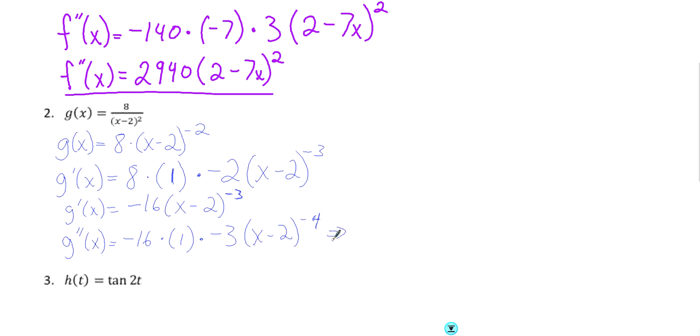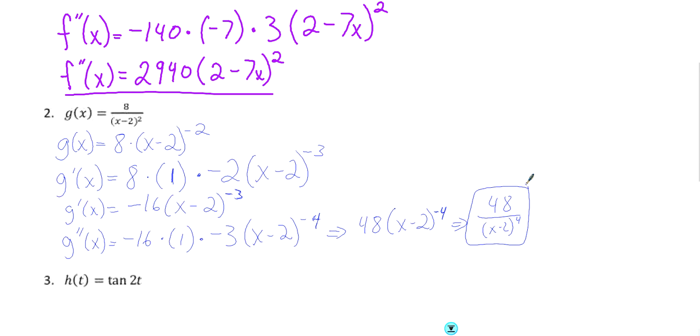And then we're going to simplify this by multiplying the negative 16 times 1 times negative 3. So you get 48 times x minus 2 to the negative 4. Since we're done taking the derivative, we're going to rewrite this as 48 over x minus 2 to the fourth power. And that is our second derivative.